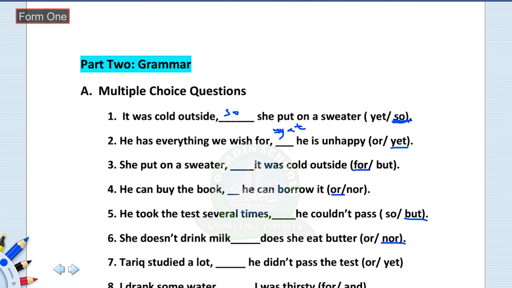He prepared himself to pass the exam or to pass the test. He didn't pass the test. Now the correct option is yet. Though Tarp studied a lot, he didn't pass the test.